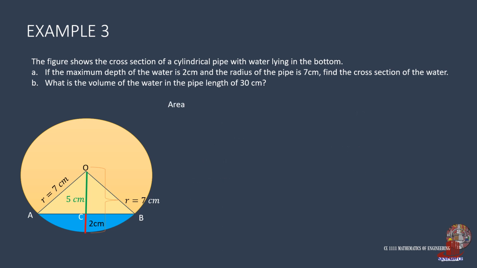With all angles and lengths already determined, we solve for the sector through ratio and proportion. We get A sub S is to 1.55 as pi times 7 squared is to 2 pi. The area of the sector is solved as 37.975 square cm.